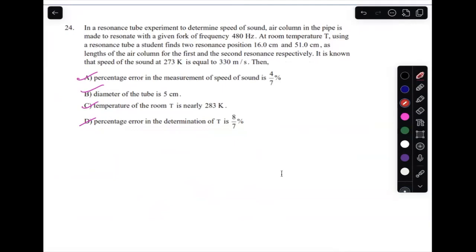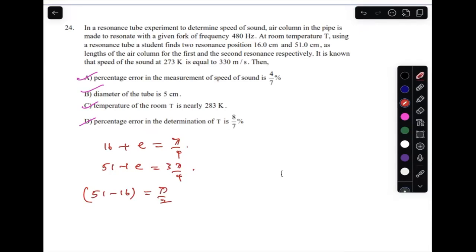L1 plus end correction is lambda by 4. Similarly, 51 plus end correction is 3 lambda by 4. Now take the difference of these two. 51 minus 16 is lambda by 2. Don't forget, this is in centimeters.